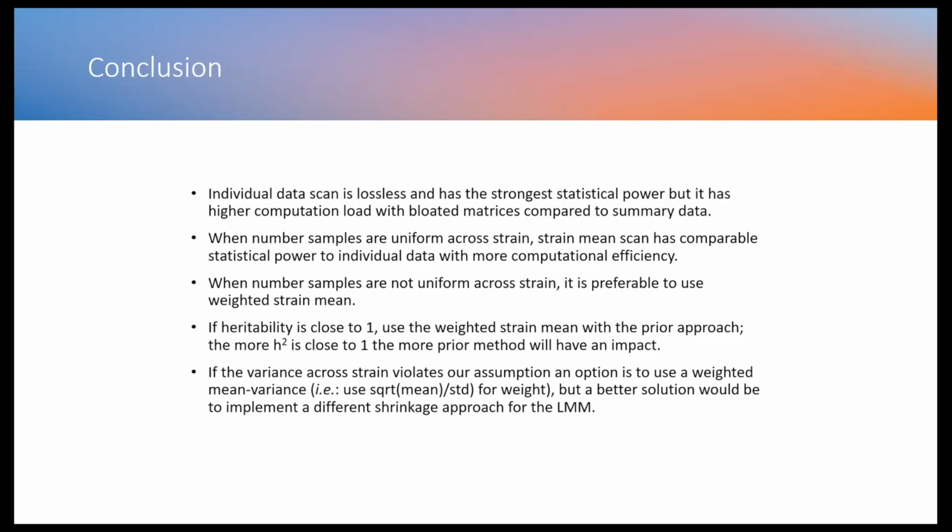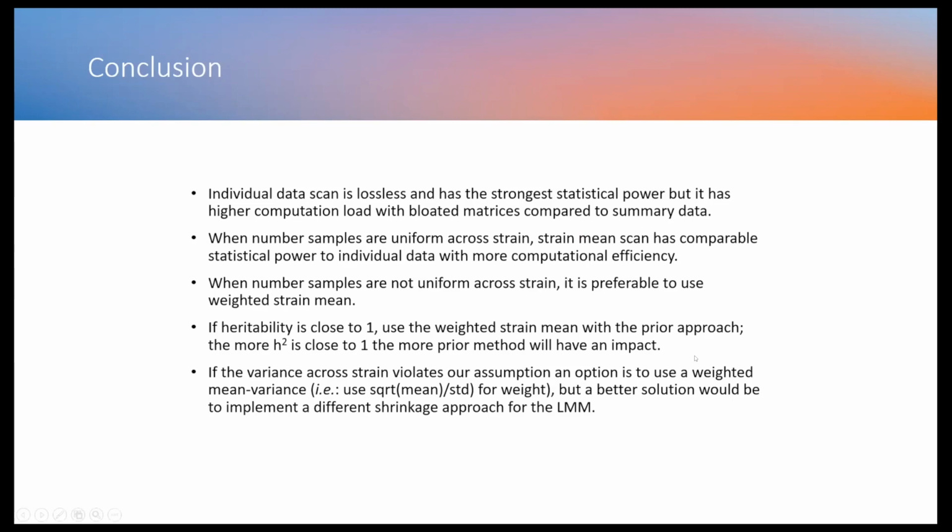But when the number of samples is not uniform, we should use the weighted strain mean. And if you know that the heritability is very close to 1, you should use the prior version, where you use the standard deviation along with the mean.